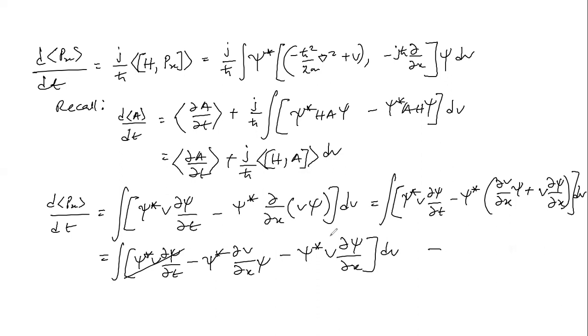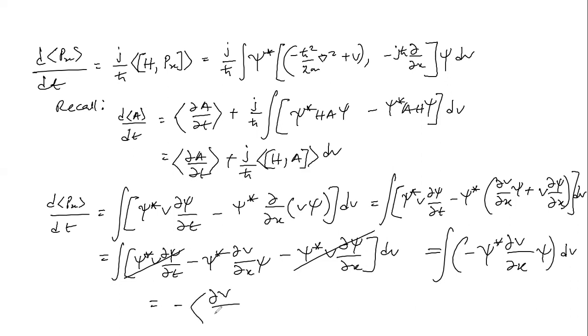It is this and this minus this. So we are going to have the integral of negative psi conjugate dV/dx psi dV. Once we have this, this is the expectation value of dV/dx, because we have psi conjugate psi and this in it. So this gives us the negative of the expectation value of dV/dx.